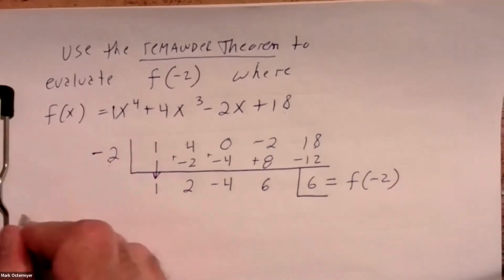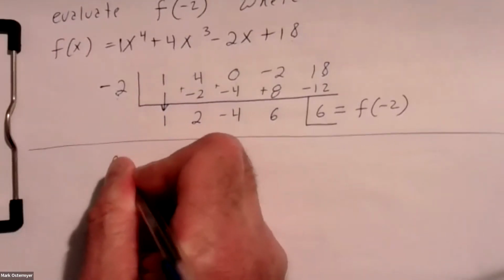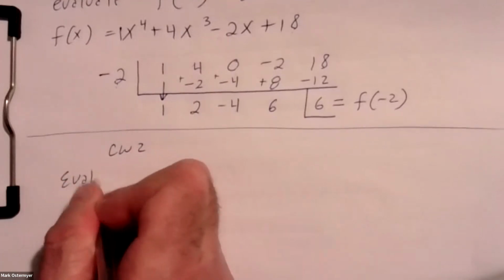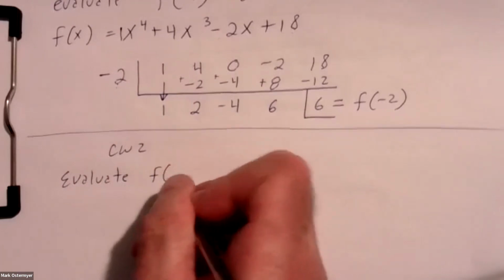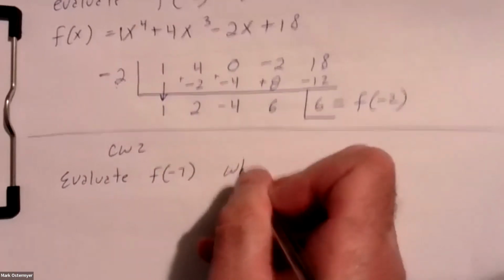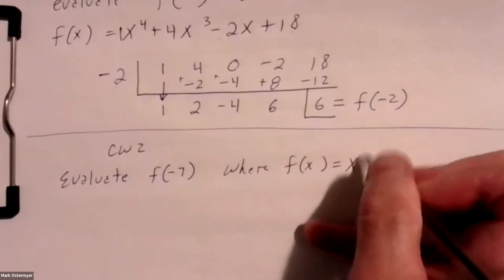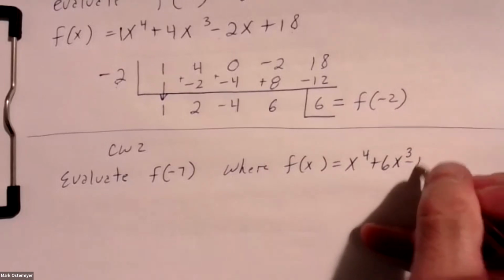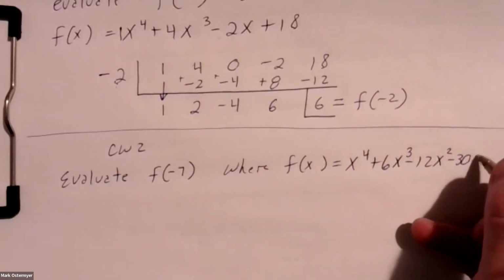All right. Next problem, we'll call this classwork 2. I want you to do this one. Using the remainder theorem, I want you to evaluate f of negative 7, where f of x is equal to x to the 4th plus 6x cubed minus 12x squared minus 30x plus 35.